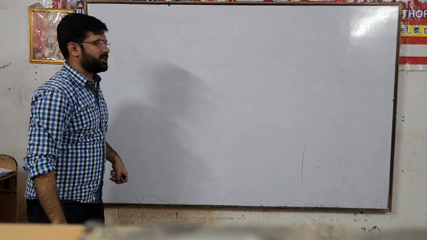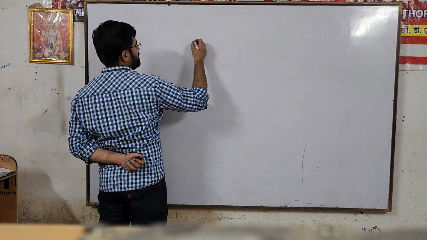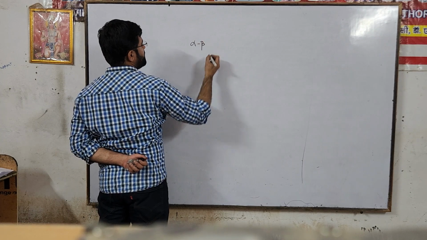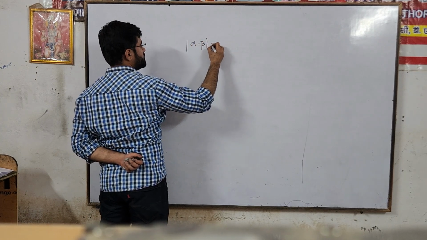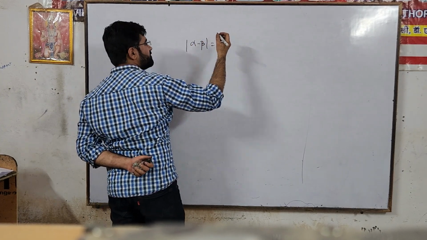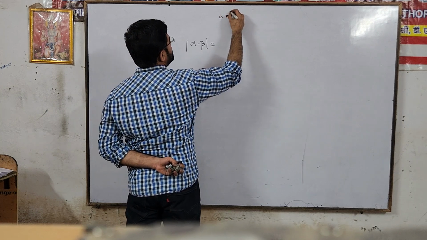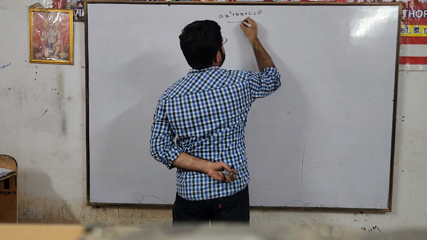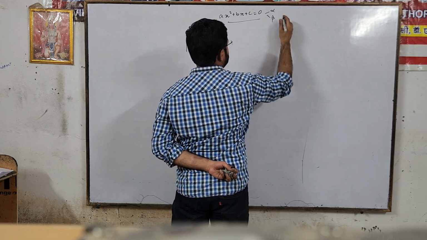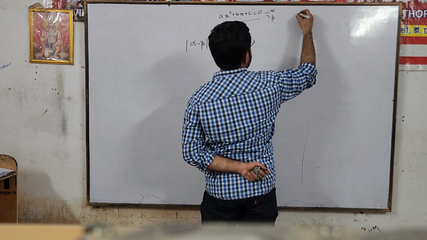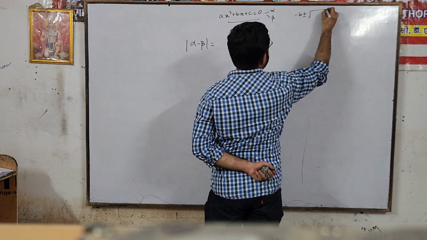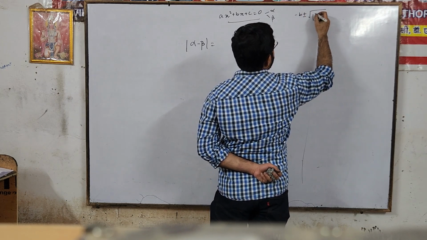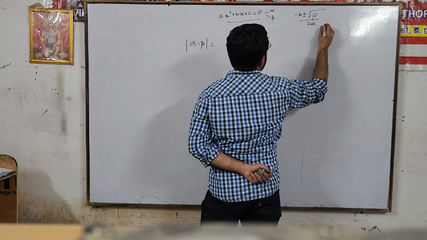Now the last thing I'll tell you for today is the difference of the roots, alpha minus beta. I'll just tell you the formula for this. Modulus of alpha minus beta, since when I wrote this equation ax square plus bx plus c is equal to 0, it has two roots, alpha and beta. And both of the roots are minus b plus minus under root D by 2a.